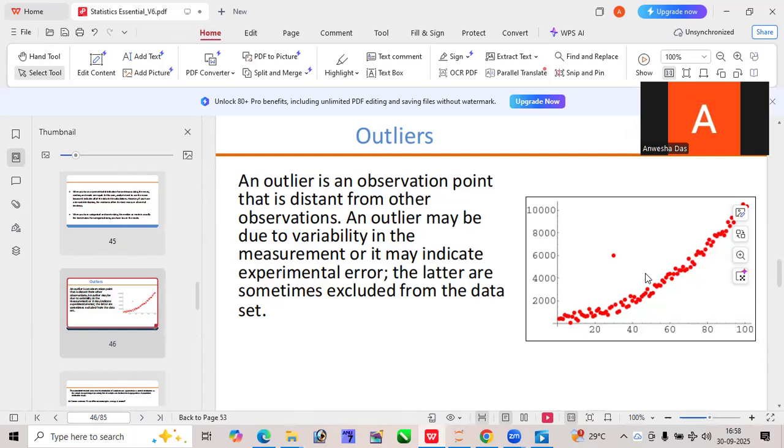When do we keep the outlier? Consider this data set. Some student is studying 2 hours and her CGPA is 2. Some student is studying 4 hours, her CGPA is 4.